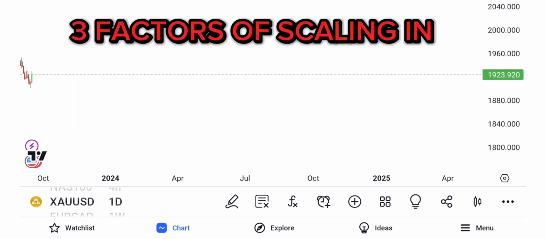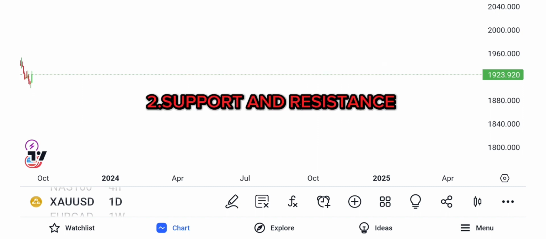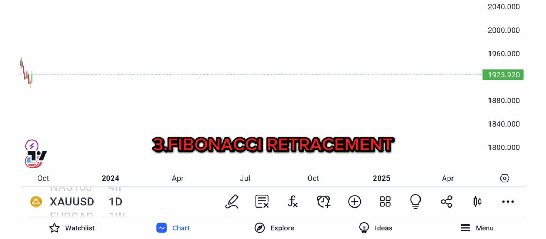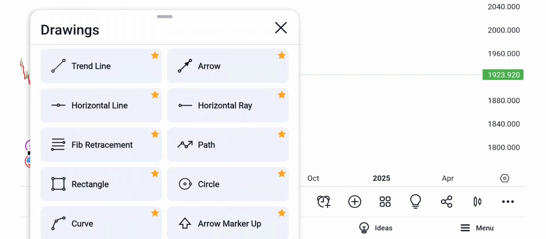The three factors we're going to be looking at in order for you to scale in and maximize your profits are: trend line breakout and retest; the second one is support and resistance; and the third one is the Fibonacci retracement tool. So these three things are going to make you a perfect trader when it comes to scaling into the market. So let me just give you an example of what I'm talking about.